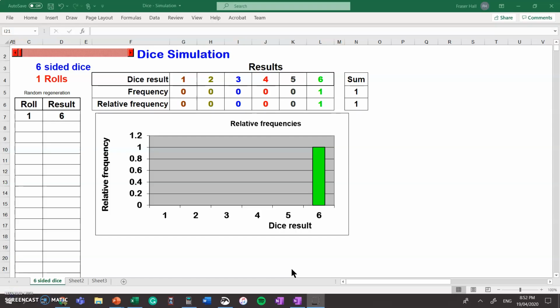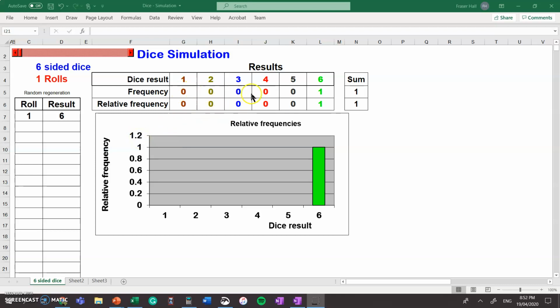Okay, this is a simulation that's using Excel to generate the dice rolls. You can see at the moment in our experiment, the first roll was a 6, and that's why it's registered over here on our graph as a probability of 1, which is 100%. It's a bit of a no-no really to have in the graph that it's got a 1.2 because obviously that's not possible.